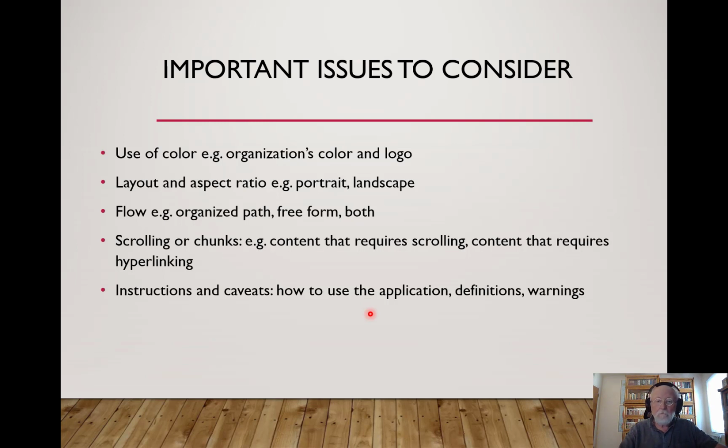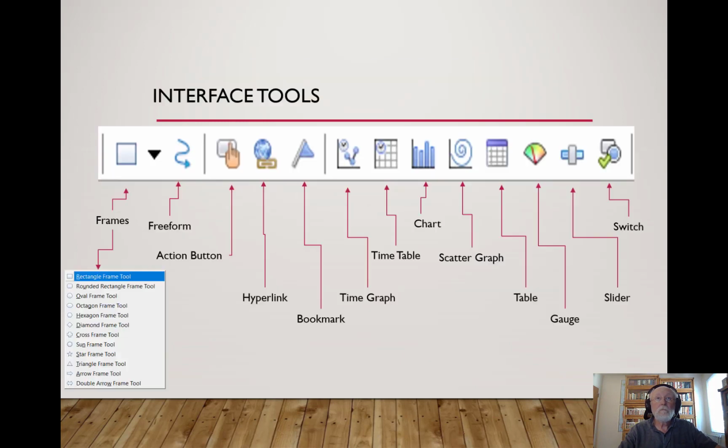Here we go. Here are the tools that come with PowerSim Studio that you can use to build objects on your interface. There are things called frames, which are basically drawing objects.